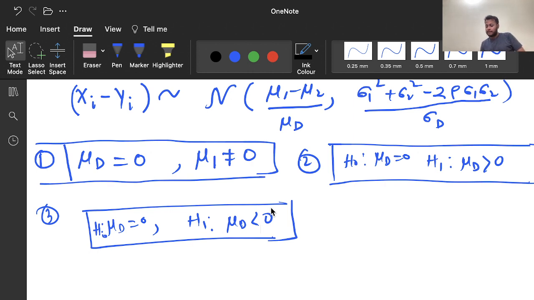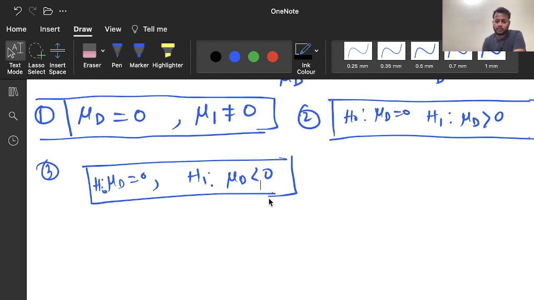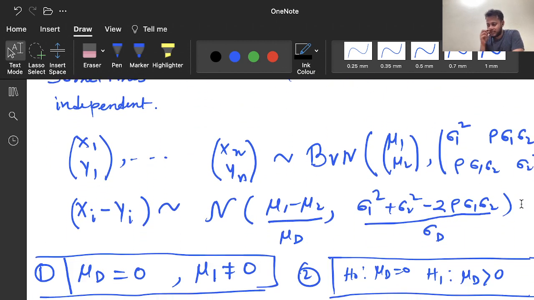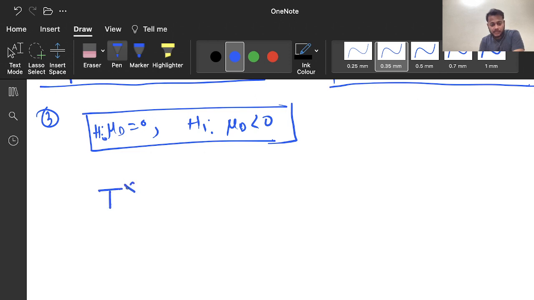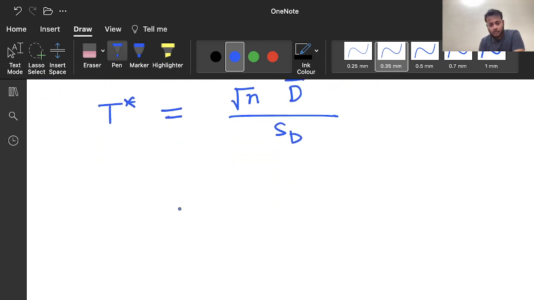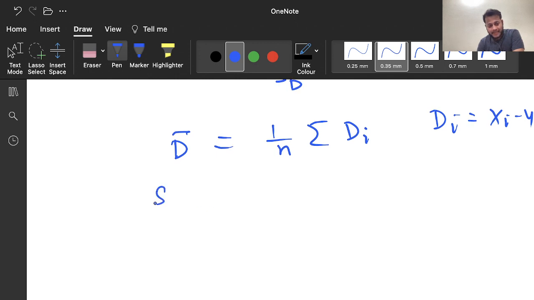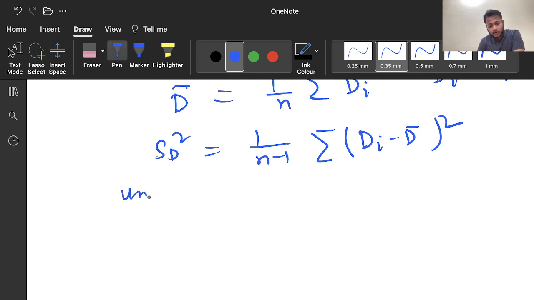Now suppose that sigma 1, sigma 2 and rho are all unknown, then we will use the test statistic t star equal to root n times d bar by sd, where d bar is 1 by n summation of di, this di is basically xi minus yi, and sd square will be 1 by n minus 1 summation of (di minus d bar) whole square, under mu d equal to 0.